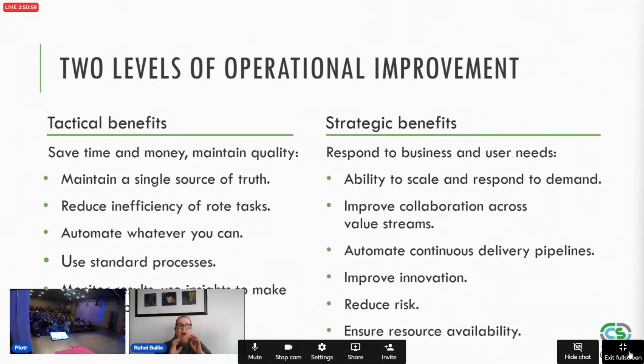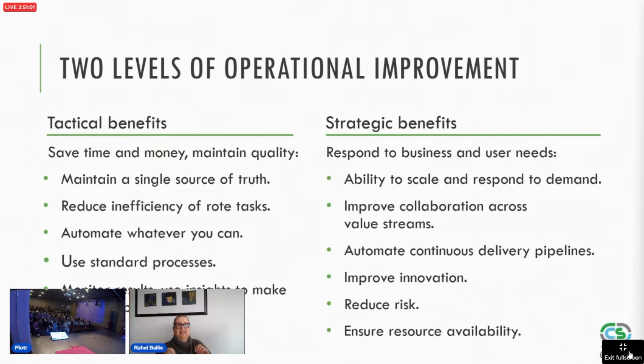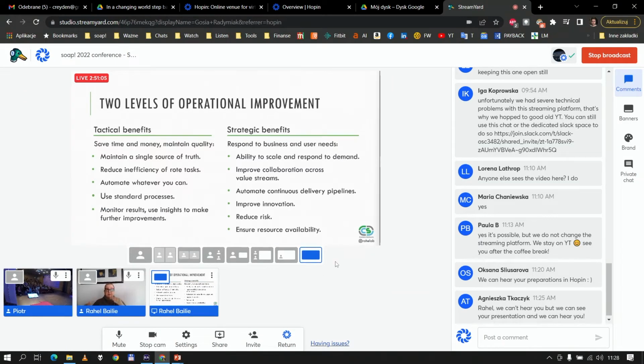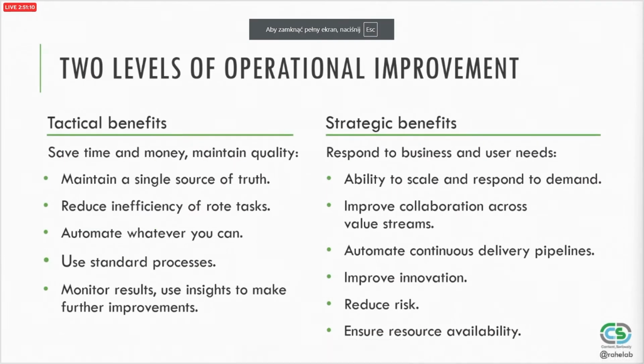It's about automating whatever you can automate and standardizing your processes so that they're predictable, and then monitoring the results and using the insights from those results to make further improvements. Those are very concrete improvements that you can make to your operations.